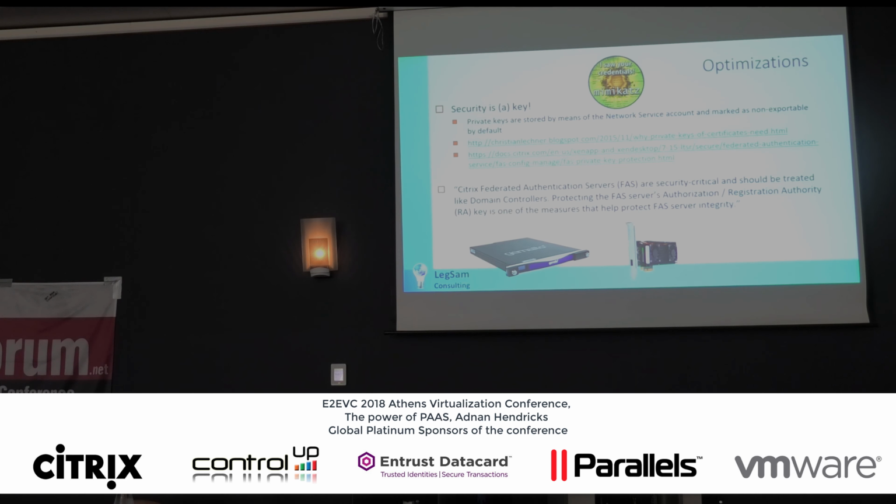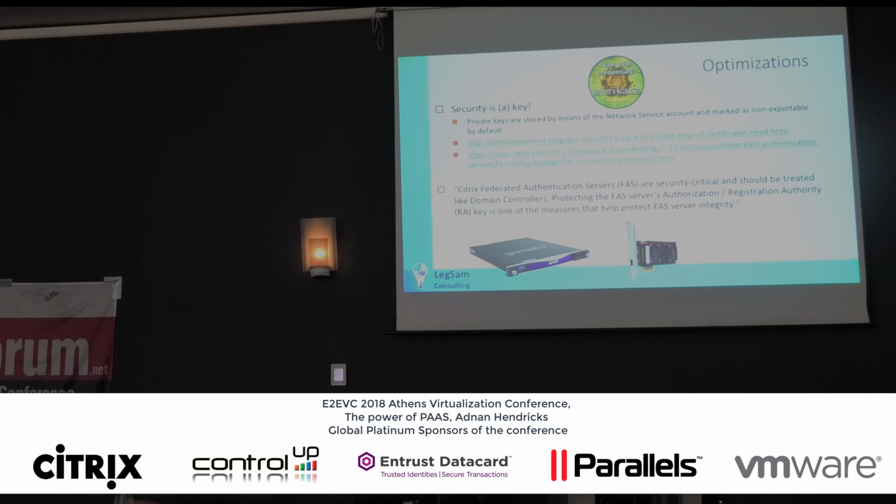So what is recommended for now is to use an HSM, a hardware security module, to store your private keys, so that the FAS server will not have a private key inside. There is a blog article from Christian Lechner about why private keys or certificates need protection.